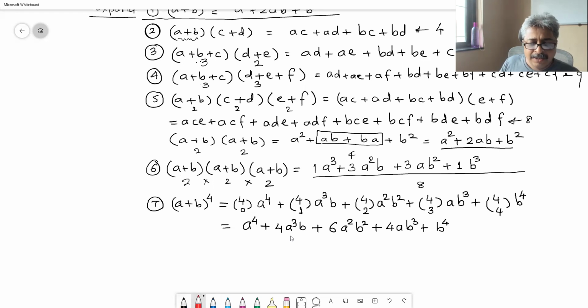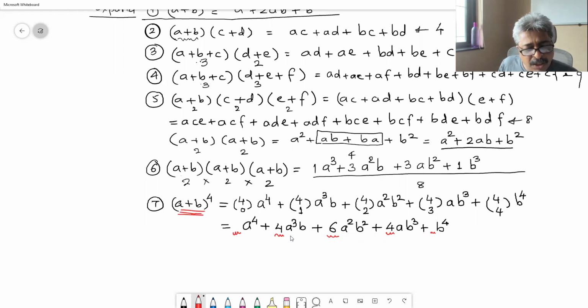And hence, the coefficients which are sitting in front of all the terms in the expansion are called combinatorial coefficients or binomial coefficients.